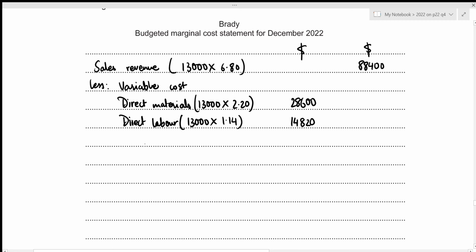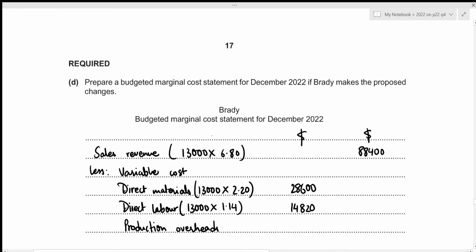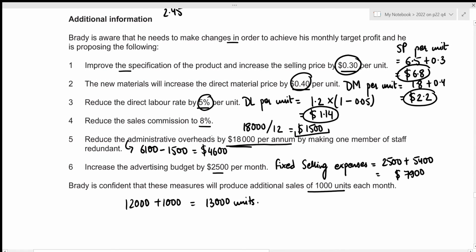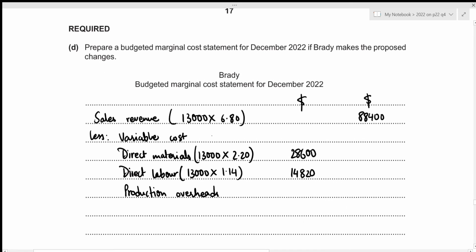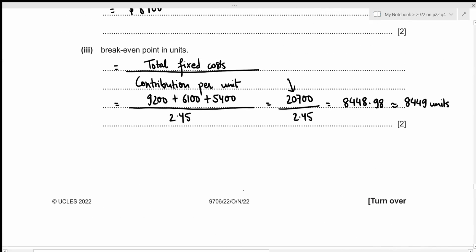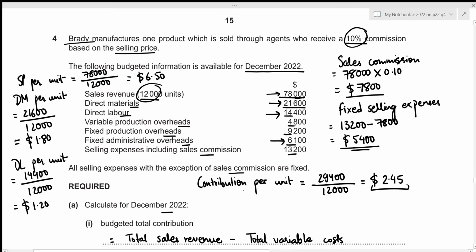Then the next variable cost we have is of production overheads. Let's have a look above. And there were no additional information given about production overheads, right? Which means that what we can do is we have our total number of units of 13,000 and we need to figure out the production overhead per unit from above. Okay, so the total production overhead was 4,800.